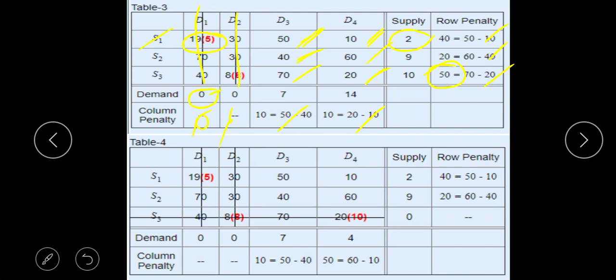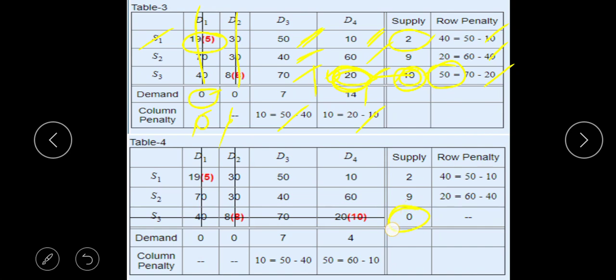So we need to allocate to this row. So this row has two cells, one is 70 rupees and one is 20 rupees. Now we have to allocate to such cell which is having the least cost. So 20 is the least. Now compare the supply 10, demand 14. So how many units we can allocate? Maximum we can allocate 10 units. So when we allocate 10 units here, supply will be 0.